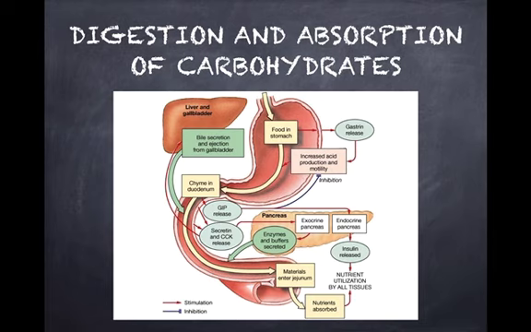If it's table sugar or fruit, it's sucrose. Those are just combination sugars, but they all get broken down in our body into their basic forms, which are glucose, galactose, or fructose. But for the main part, it's glucose. That's what we think about when we think of sugar. That's the simplest form of sugar, so that's what we're going to talk about.